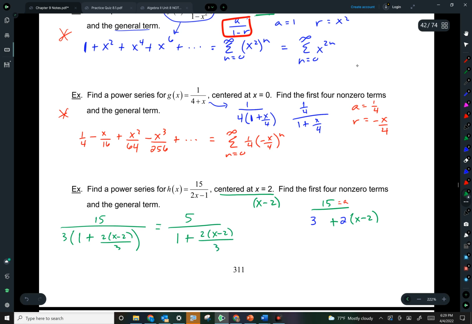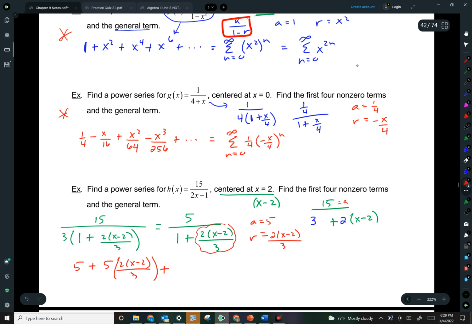Now I know it's ugly, but at least it's in the form of a geometric series, right? So my a is 5, and my r is this entire thing right here of 2 times x minus 2 over 3. So in geometric, we always start with the a. So my a is 5 plus, now I multiply that times my r. So it's going to be 5 times 2 times x minus 2 over 3.